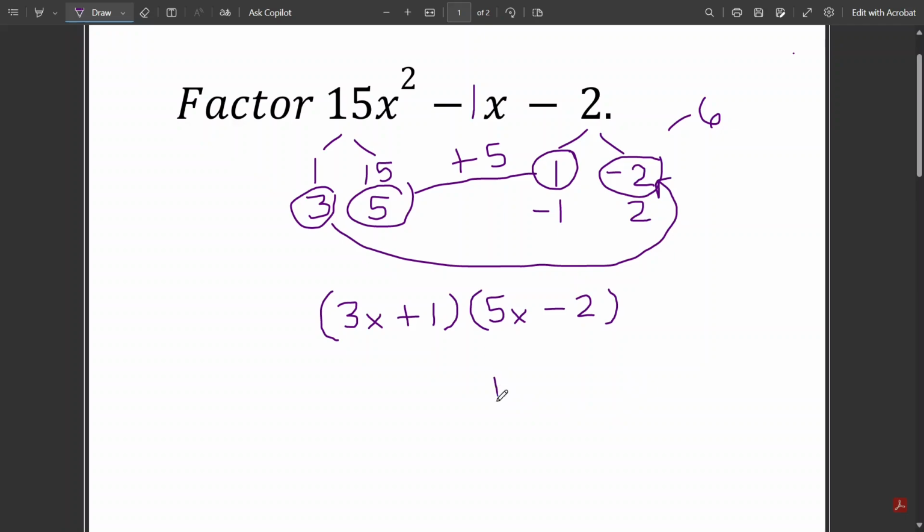And then finally we could check with a Punnett square or by foiling or by double distribution. But I like to show my students the Punnett square. They seem to like it.